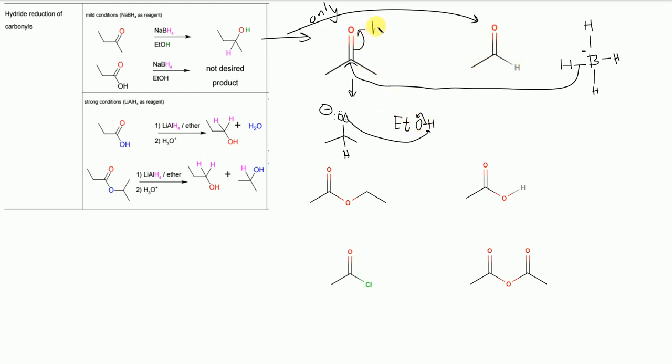And it's the same thing for this one. So remember, this is called the ketone, and this is the aldehyde. So remember that aldehydes are more reactive than the ketones, but they may not be more reactive than the things down here.